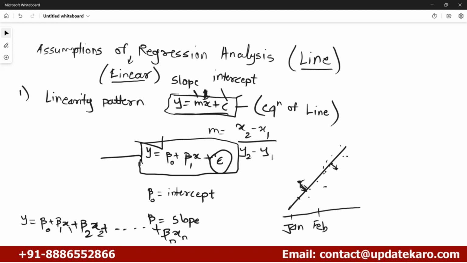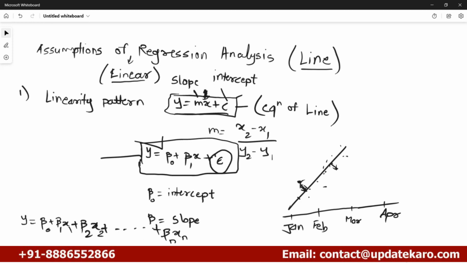In the same way, this is going to be the sales of March, and now I just wanted to predict the sales of April. I don't have April's data because currently it's March.